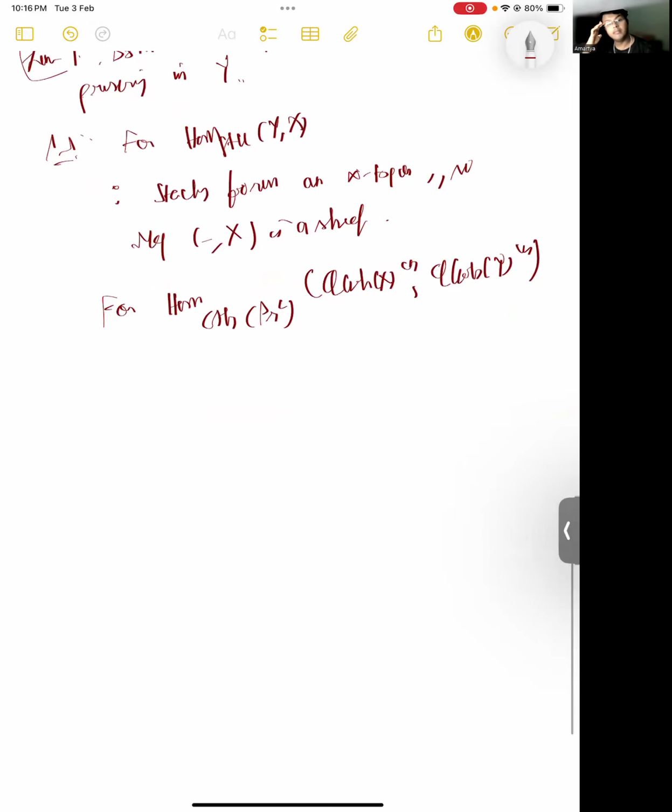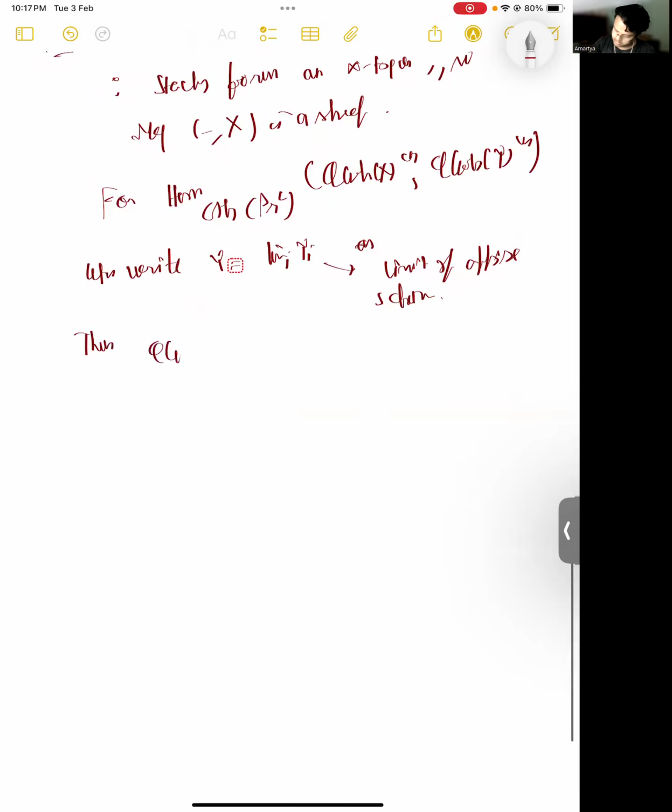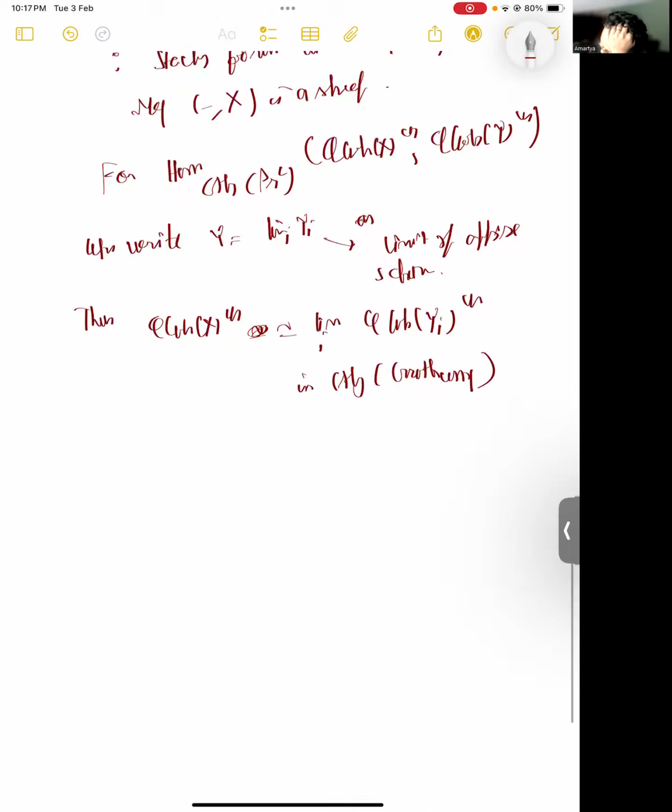Okay, so first let's write Y as the limit of Y_i, a limit of affine schemes. Then QCoh(Y) is equivalent to the colimit of QCoh(Y_i) in CAlg(PrL).